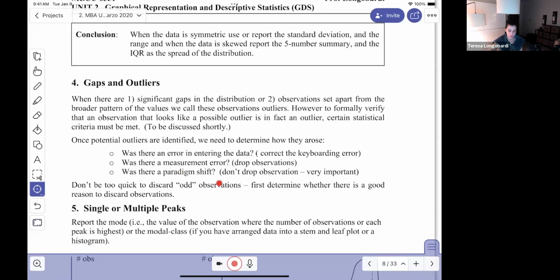They must have been sure it wasn't something significantly different and interesting. They dropped it because they suspected it was just an error in the data. All right.